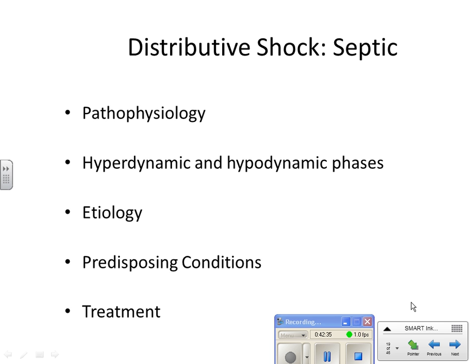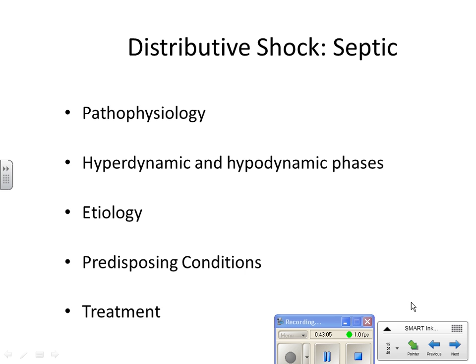If we don't detect that they're going into hyperdynamic phase of septic shock, and they deteriorate further, then they go into that cold hypodynamic phase. This is when things start to drop out of the bucket and go down the tubes. The blood pressure drops, the cardiac output drops, we're losing fluid into the intravascular space, we're getting cold, clammy skin.